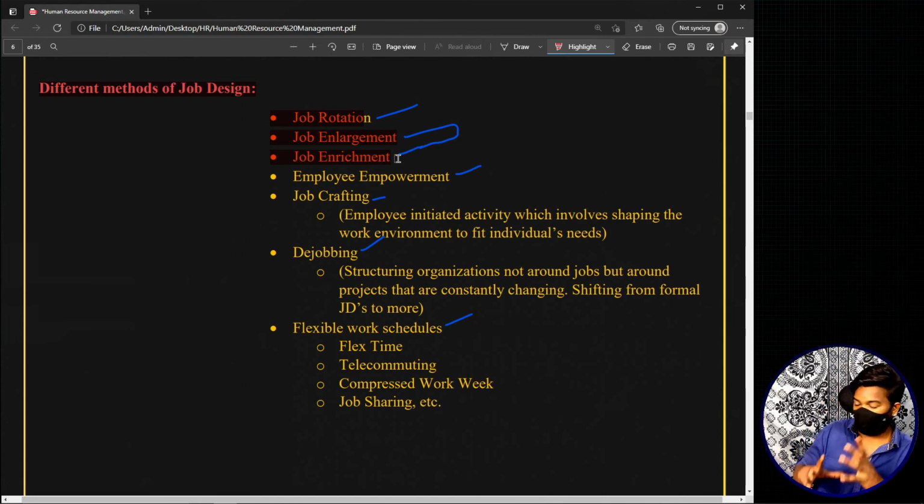If you're a sales guy and you produce 10 mobiles per month, now suddenly the organization increases your production target. Till now you have to produce only 10 mobiles per month, right? From now on, or from next month, you have to produce 20 mobiles per month.